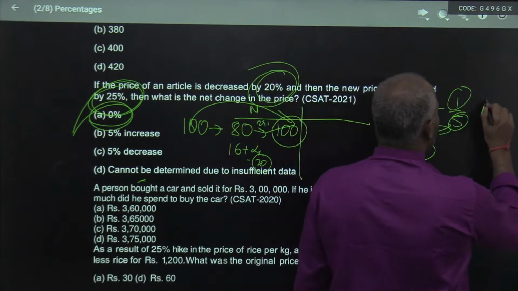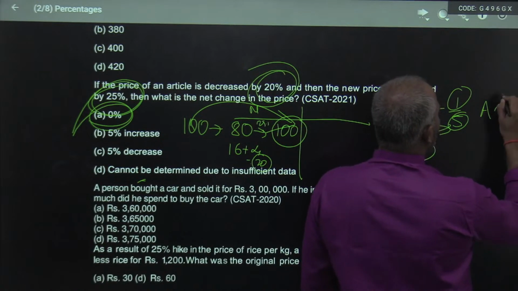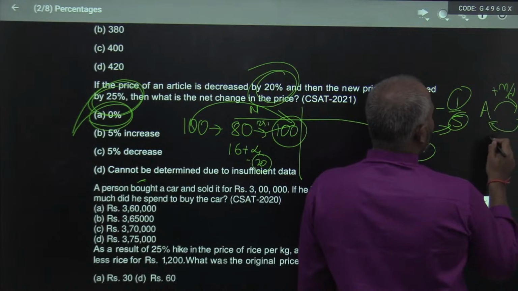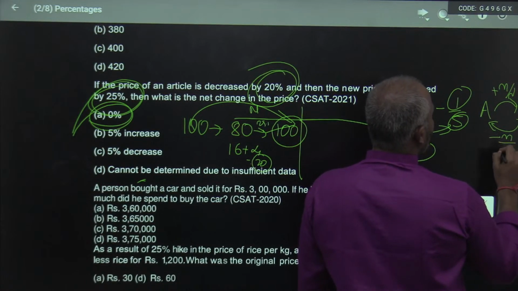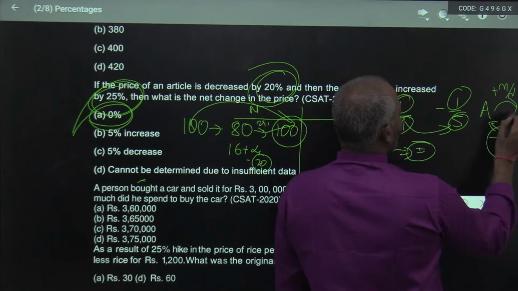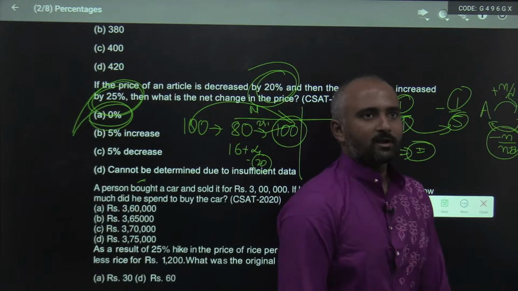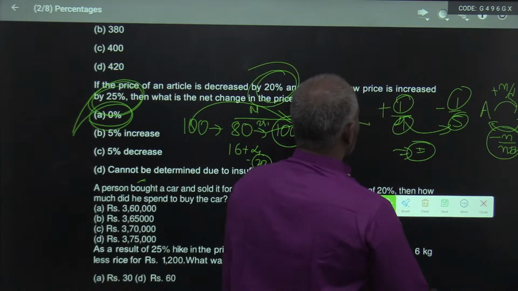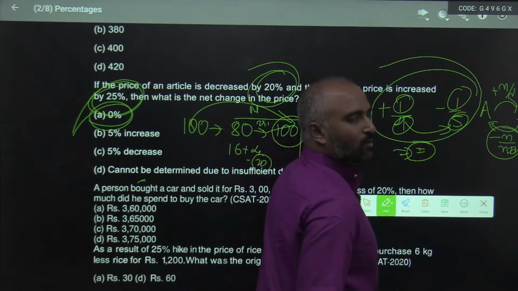N by D rule: an increase of N by D, in the reverse becomes a decrease of N by N plus D. So the equivalent change here is what? 0. There is no change overall.